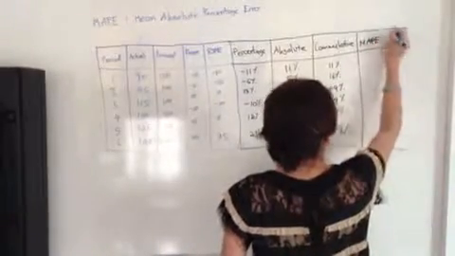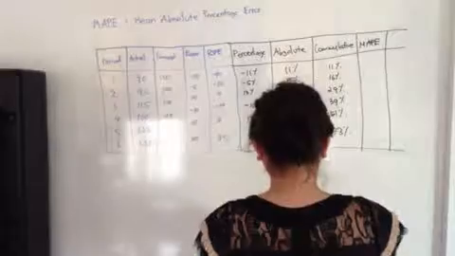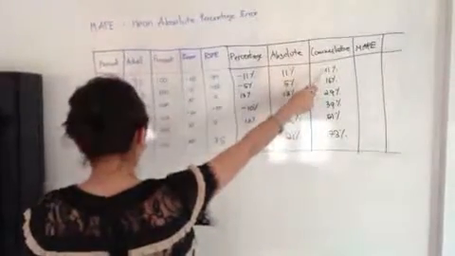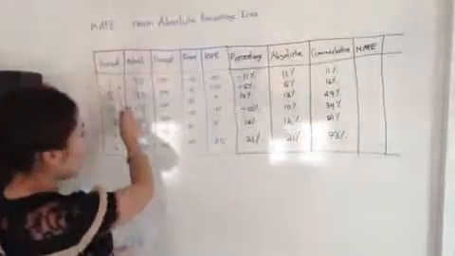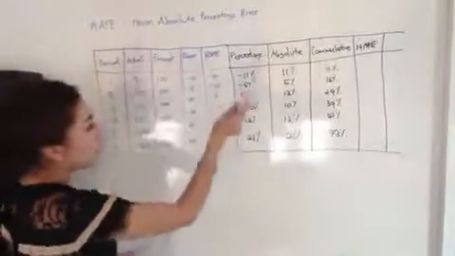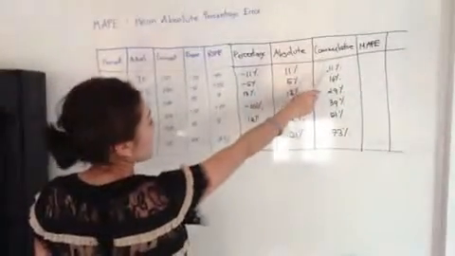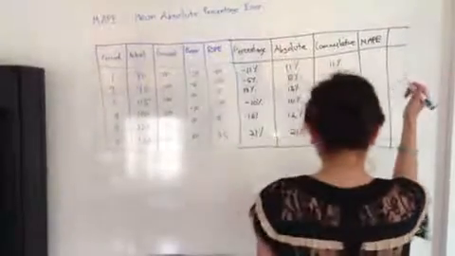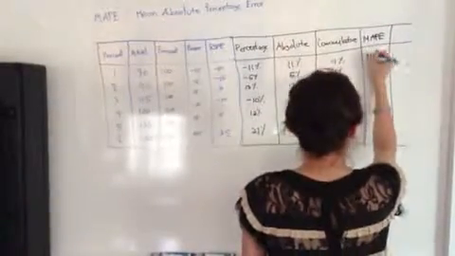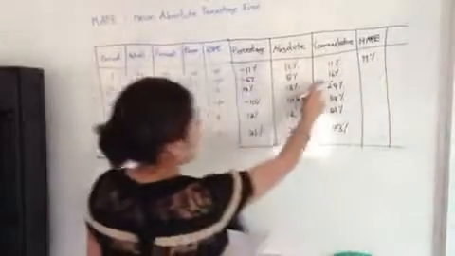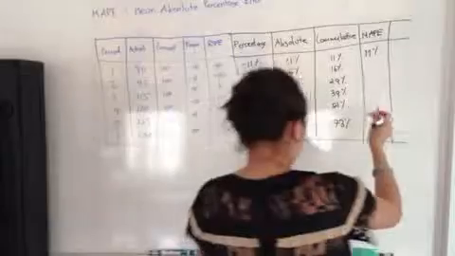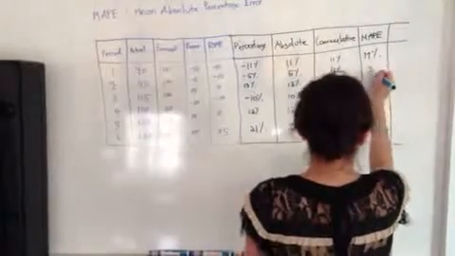MAPE here. For the mean here, you use the cumulative number column here divided by the period for each of them. For example, the first period is 11%. You divide it by 1, which will be equal to 11%. 16% divided by 2 will be 8%.